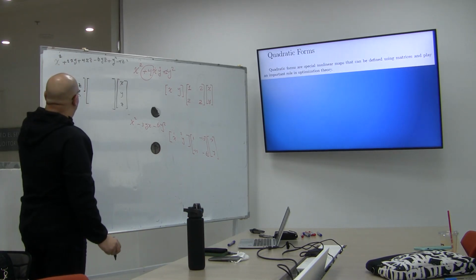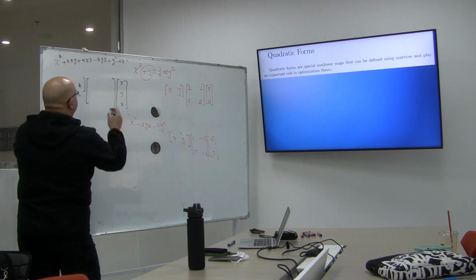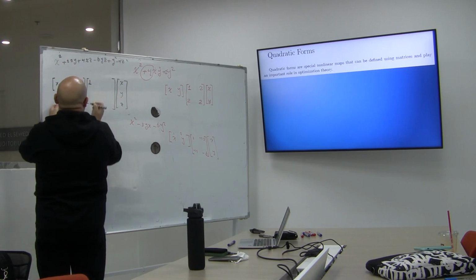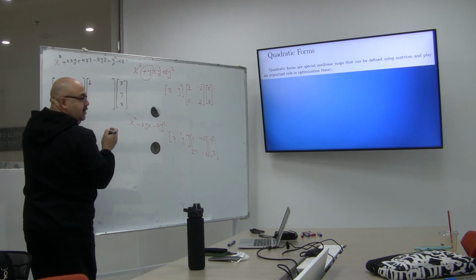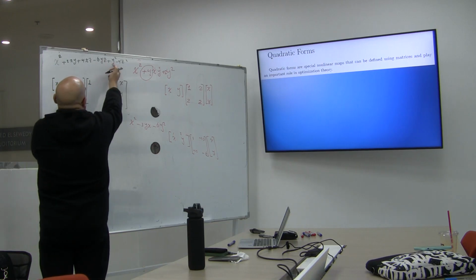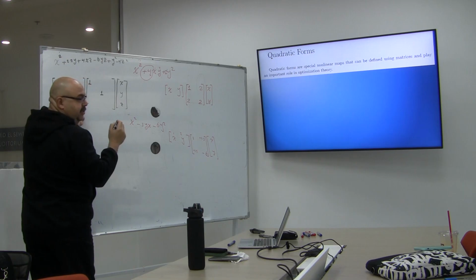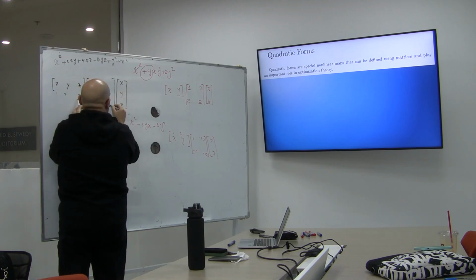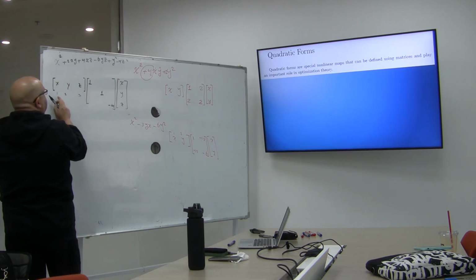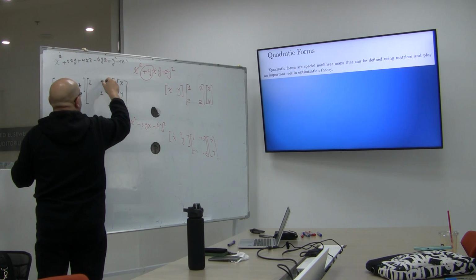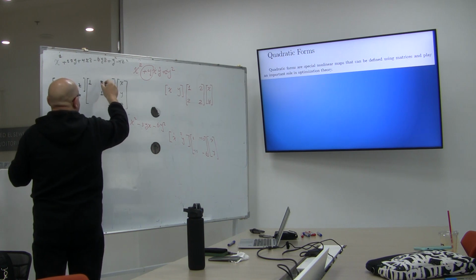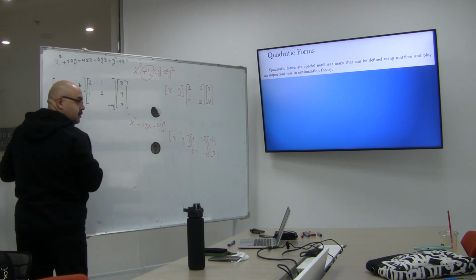Then the element 1,1, which is going to be x squared, is positive 1. The element y squared is going to be 2,2, so y squared is going to be 1. And z squared is going to be 3,3, which is negative 4. Then I will go to xy, which is the element 1,2. I will divide it, half of it in 1,2 and the other half in 2,1.